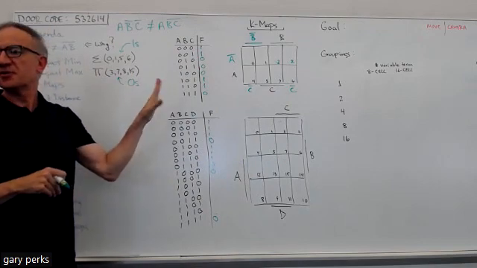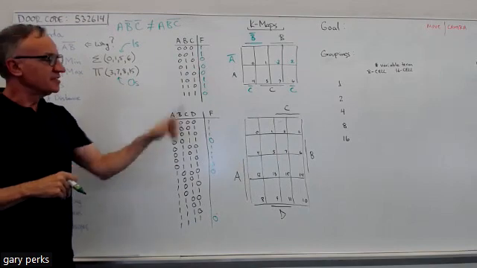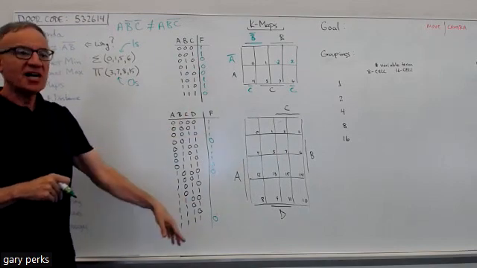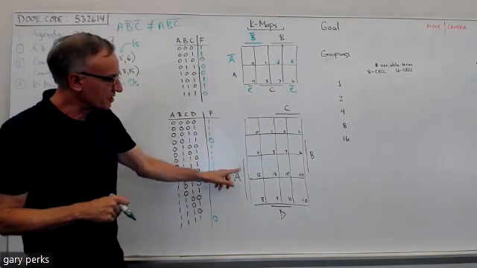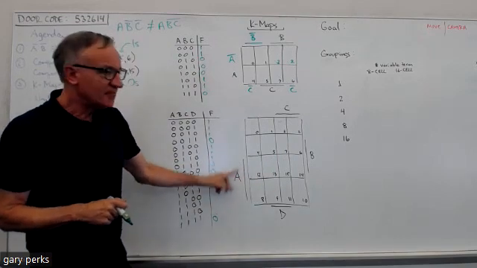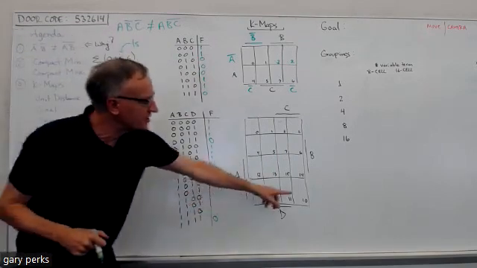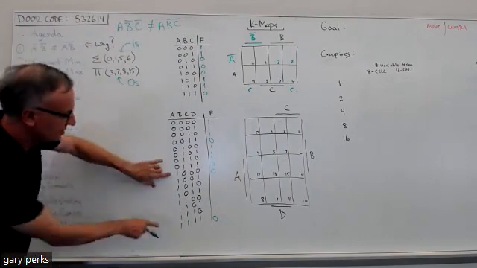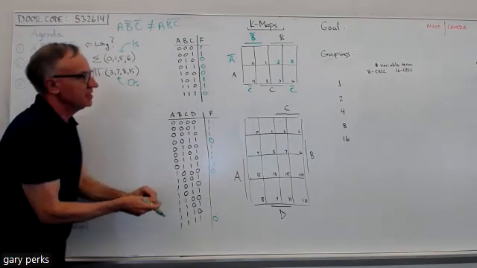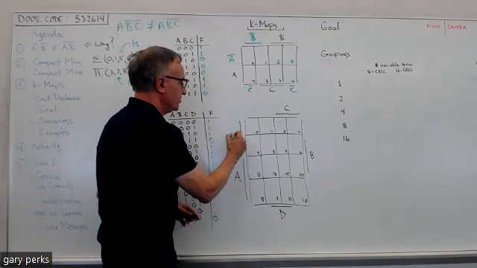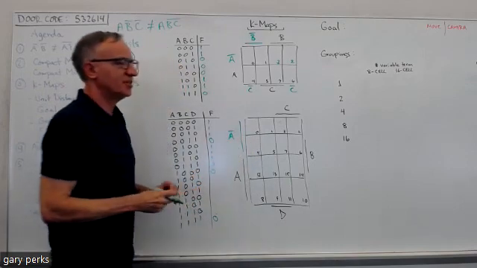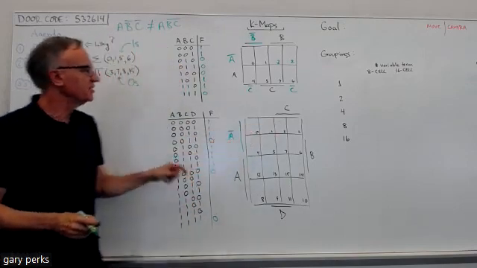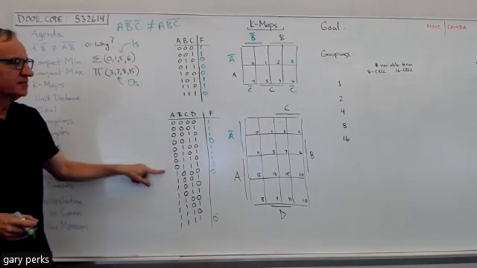Right, so does everybody see what I did there? It's the same concept when you get to a 16-cell map. The reason these 2 rows have A is because for all these numbers, 8 through 15, A is 1. For these 2 rows you'd have not A, because for all these numbers, A is 0.